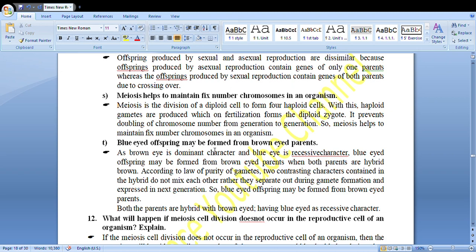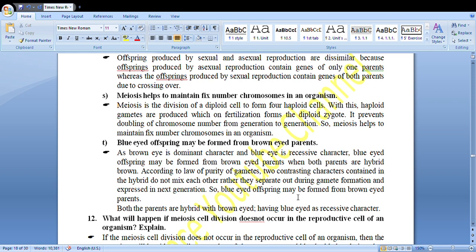Blue-eyed offspring may be produced from brown-eyed parents. As brown eye is the dominant character, blue eye is the recessive character. Blue-eyed offspring may be formed from brown-eyed parents when both parents are hybrid brown. According to the law of purity of gametes, two contrasting characters contained in the hybrid do not mix with each other. They separate out during gamete formation and express in the next generation.